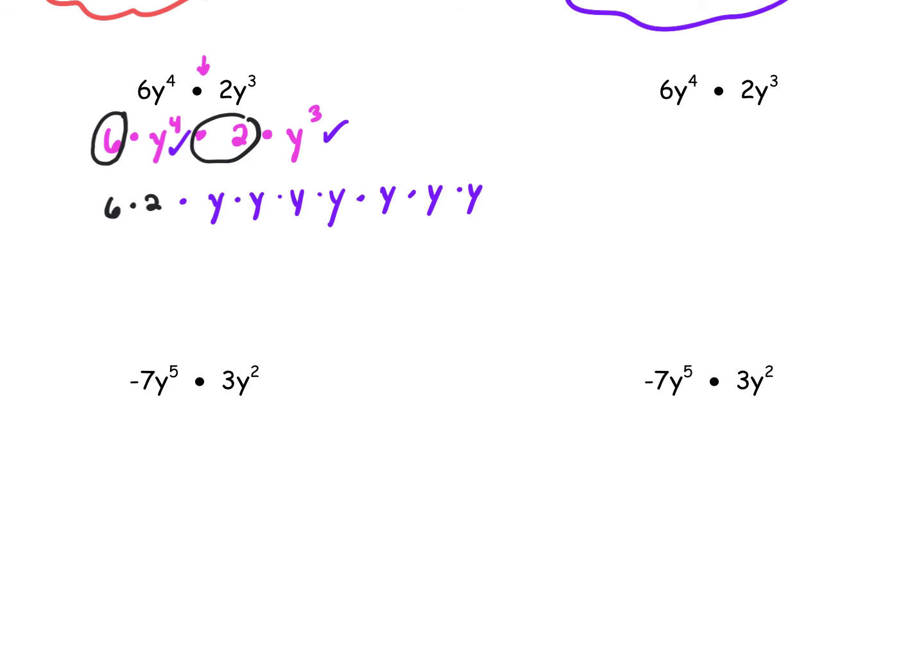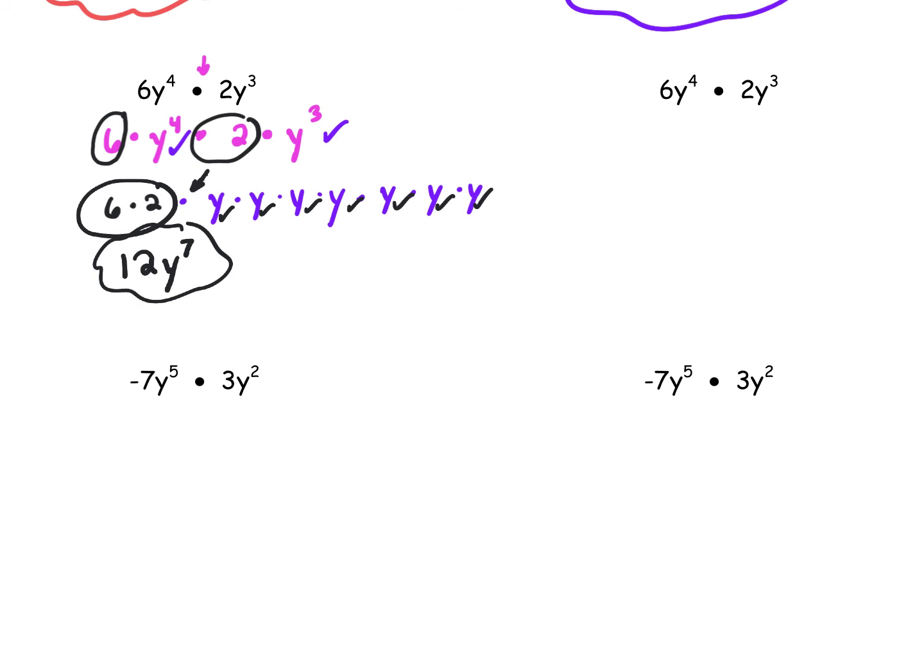So now in order to simplify this, I'm going to go ahead and gather up my 6 times 2, and I can simplify that by making it 12, and then I'm going to count all of the y's. 1, 2, 3, 4, 5, 6, 7, and since they're being multiplied, I can write this side by side, so y to the 7th power.